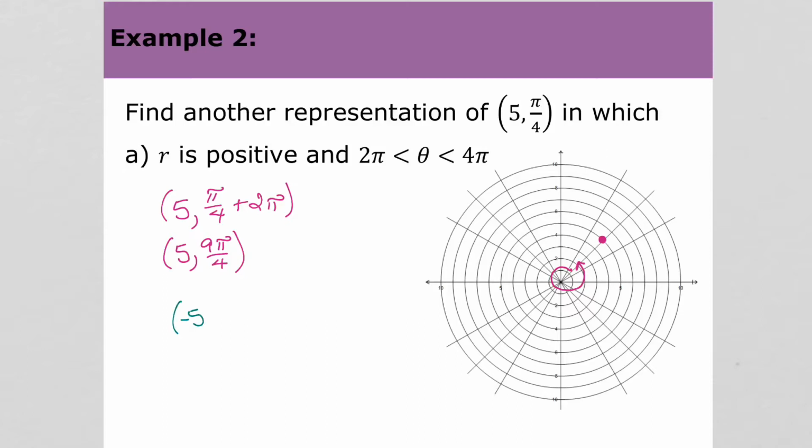So it'll have to be -5. And how would we get -5? Well, remember, to get a negative, you go 180 degrees across the plane. So over here would be the point positive 5.